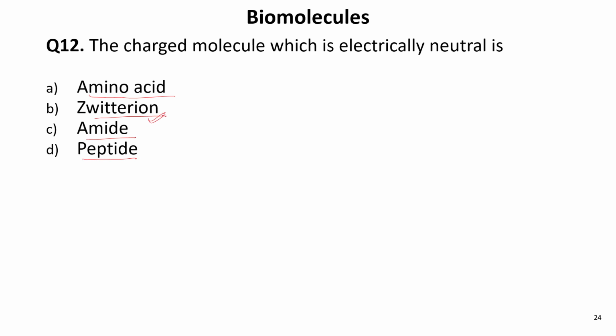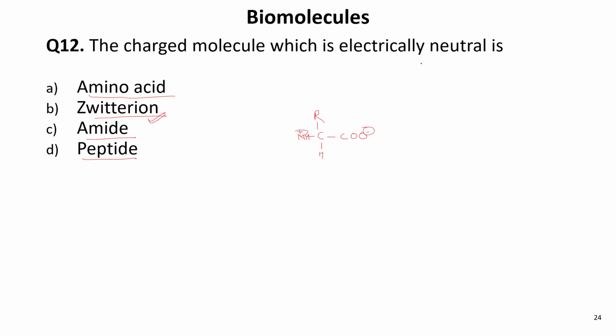So if you remember the structure of a zwitterion, it has COO with a 1 minus charge, NH3 having a plus charge, R group, H. So here you can see it has a minus charge as well as a positive charge.